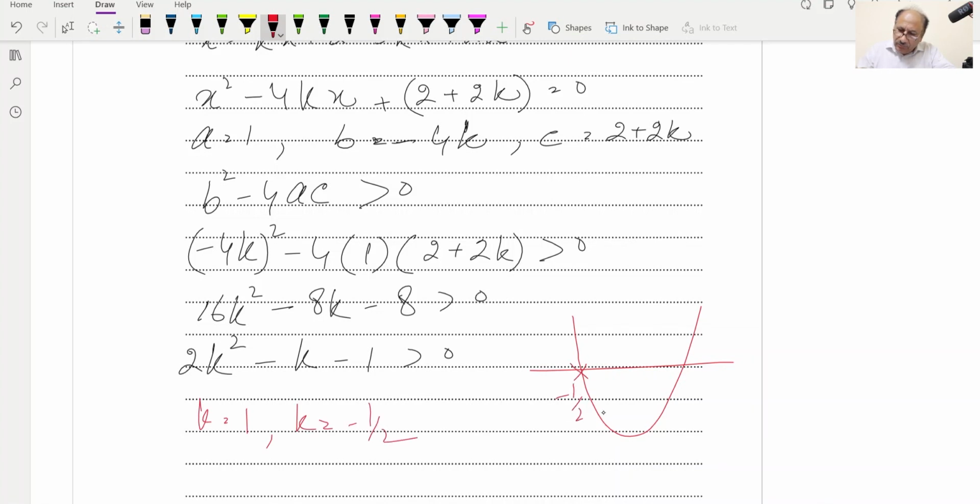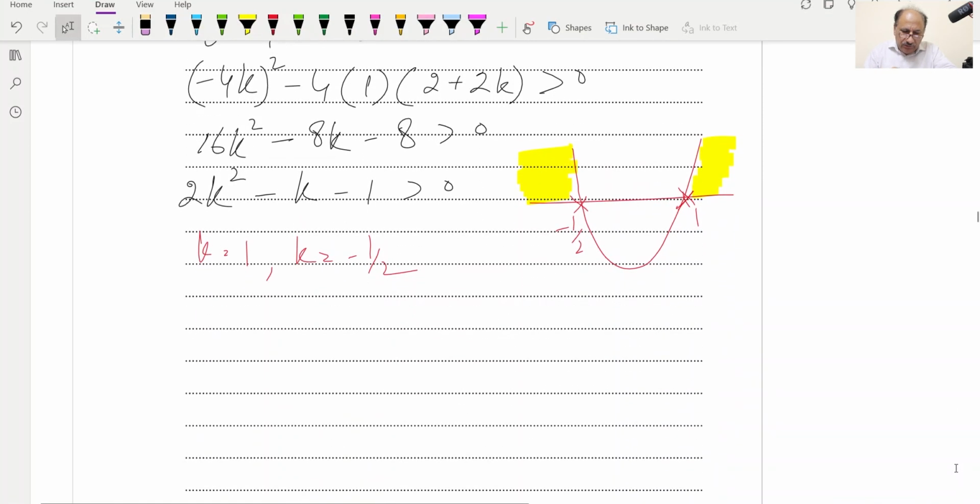Minus 1 by 2 will be this point, and 1 will be this point, and now we need the values greater than 0, which is for this region and this region. So we can write the answer as k should be less than minus 1 by 2 and k should be greater than 1. These are the two values which we can provide as the answer.